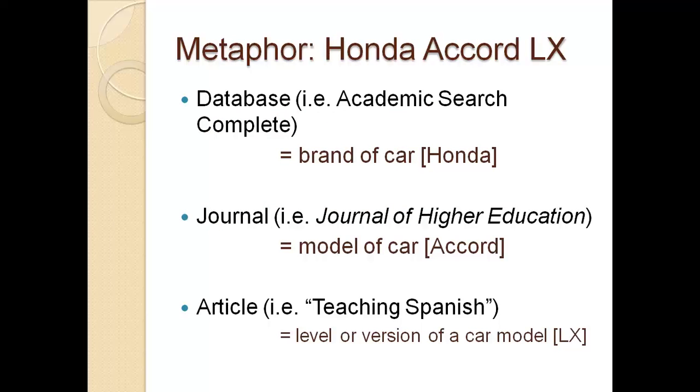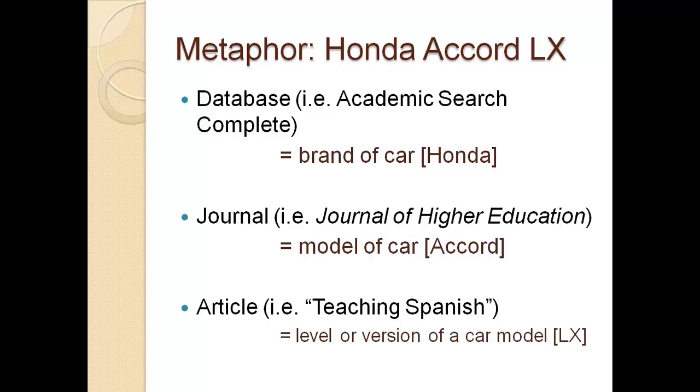One thing that helped me understand the hierarchy of how databases and journals and articles are organized is the metaphor of a car. If you think of a database like Academic Search Complete, it can be compared to a brand of car, like Honda. And if you think of a journal, like the Journal of Higher Education, that could be compared to a model of a car, like an Accord.